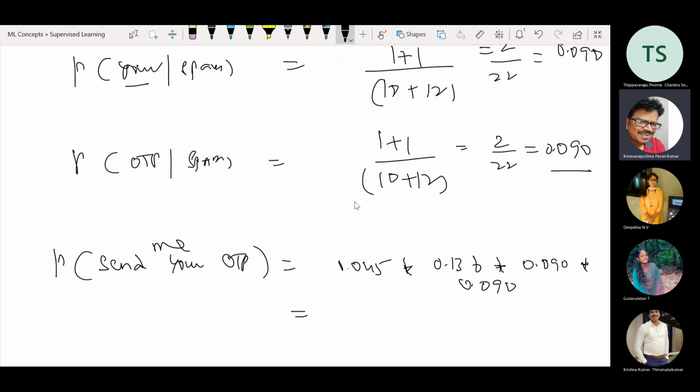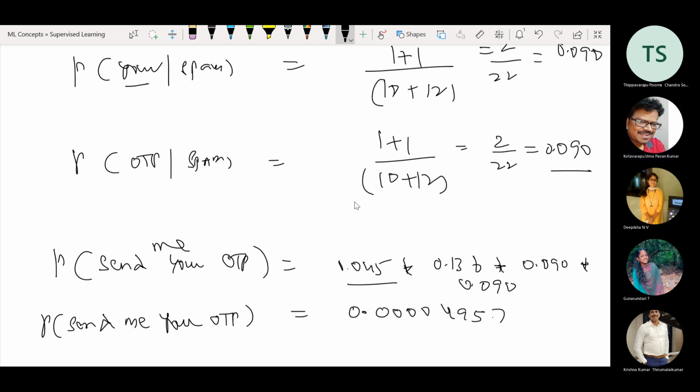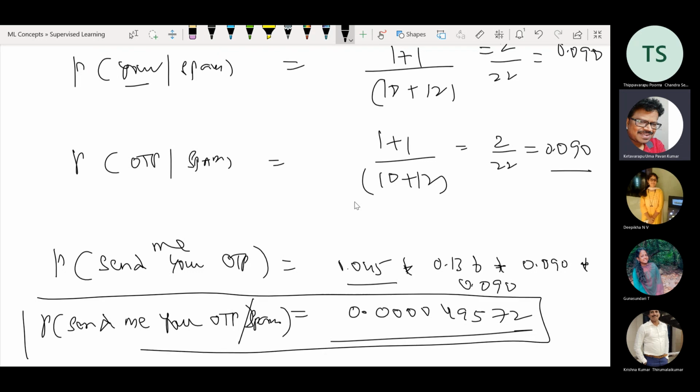After multiplication, the final value we get as the probability of send me your OTP is 49572. So that is the probability of send me your OTP in terms of spam.